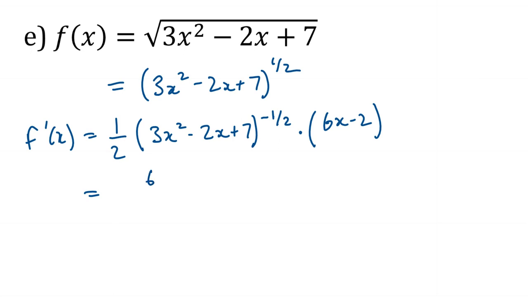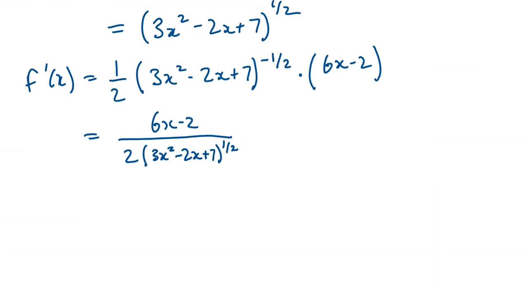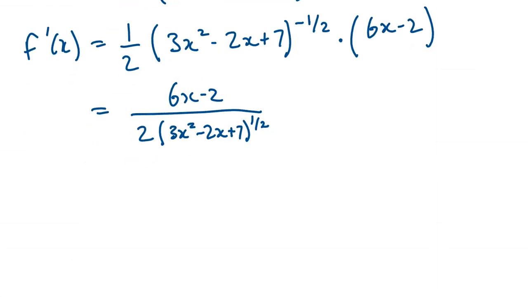So it's going to be 6x minus 2 over 2 times 3x squared minus 2x plus 7 to the positive 1/2. Negative exponent brings it down here. Then I think you'd be done.